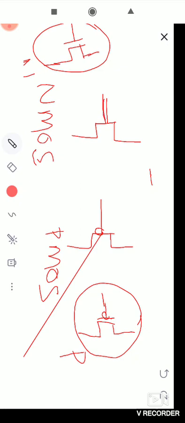Drain, gate, source; drain, gate, source. Like this also they will indicate. This is NMOS. This is PMOS. These are the main notations.